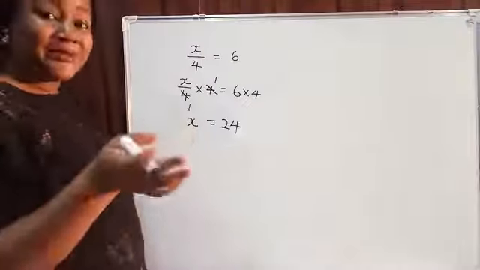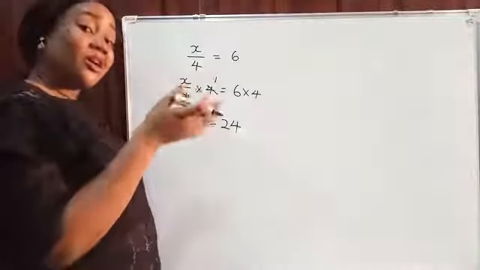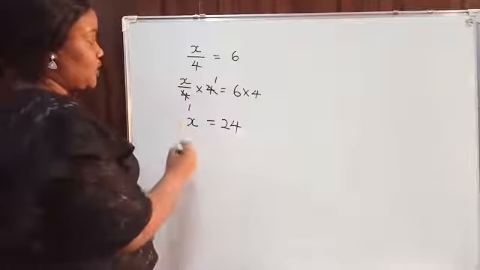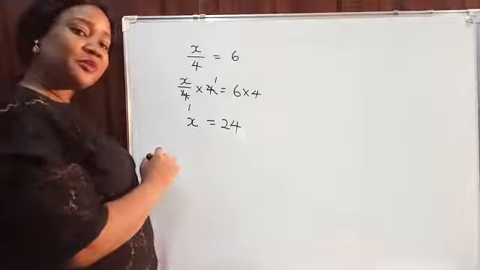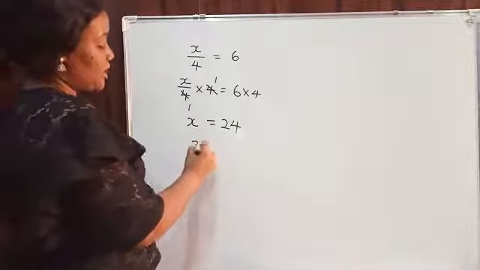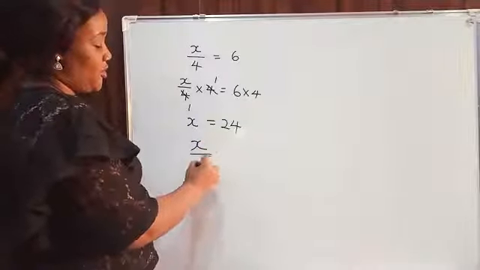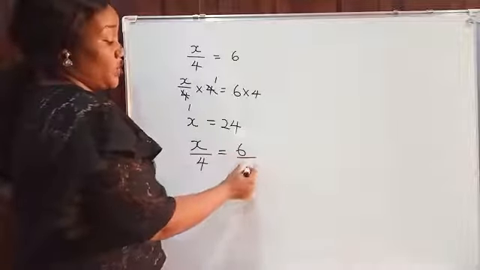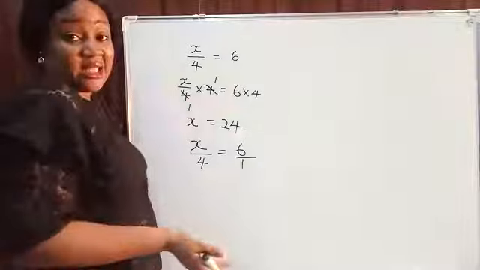Another way to do it, another style, I call it, is to cross multiply. You do x over 4 equals 6. I like to put 1 under 6; 6 over 1 is still 6.